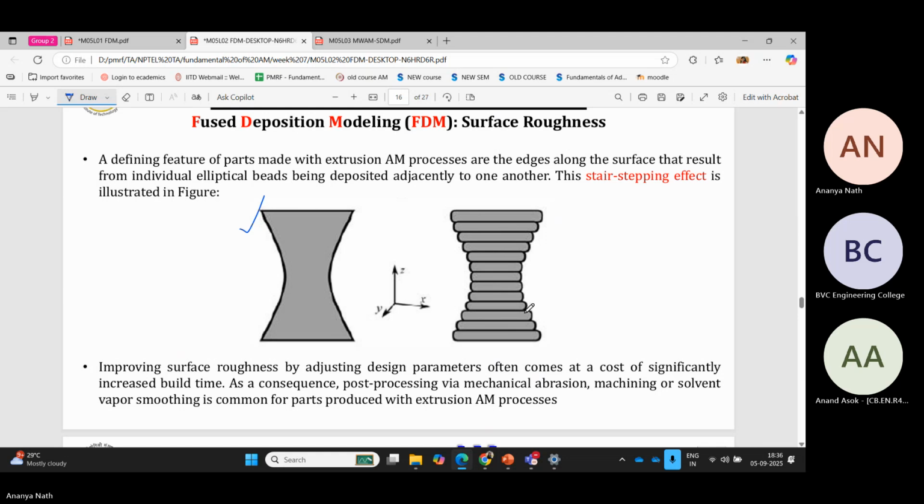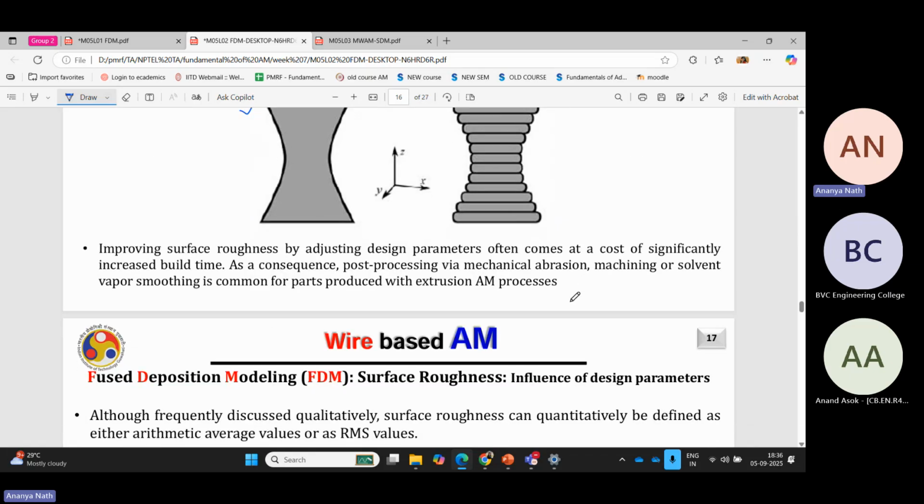And in any wire-based additive manufacturing, you can clearly distinguish the layers in your part build. So if you want to optimize it, you can lower the layer thickness so that the distinguished layer marks will be less visible, and you can do minimal post processing to reduce the surface roughness and increase the surface finish.